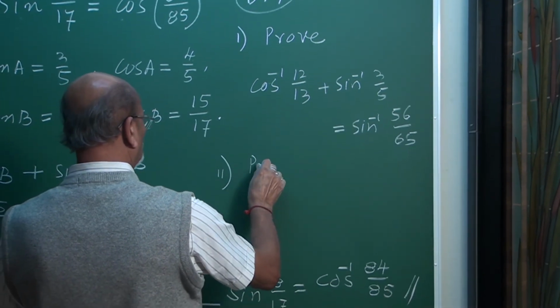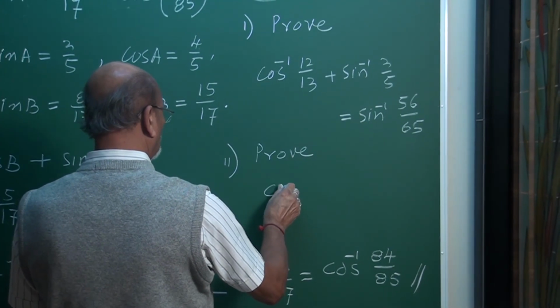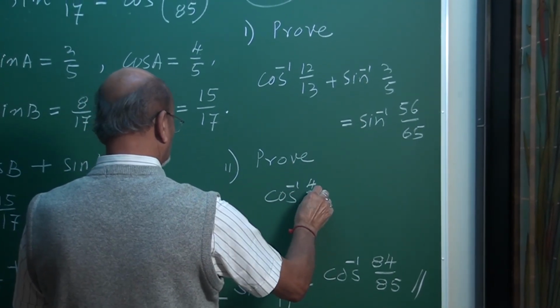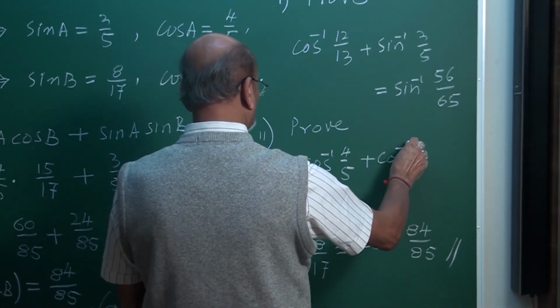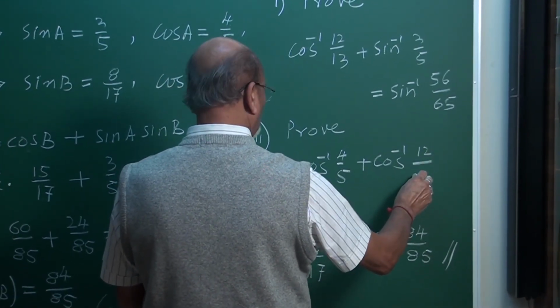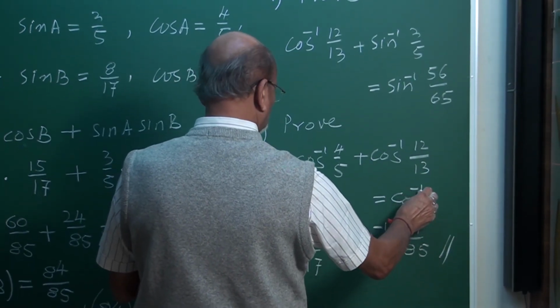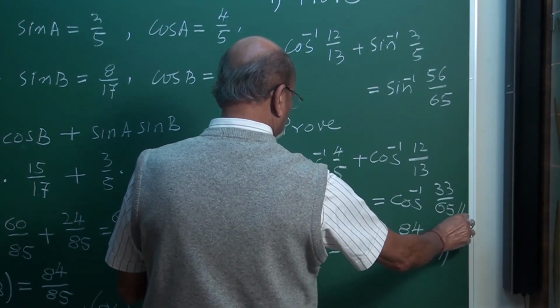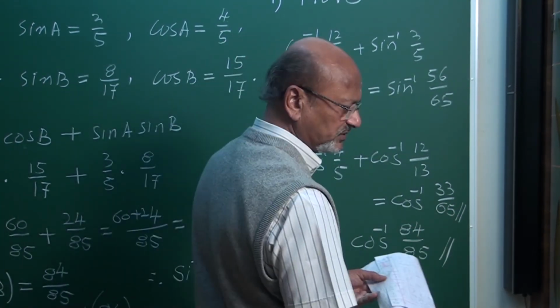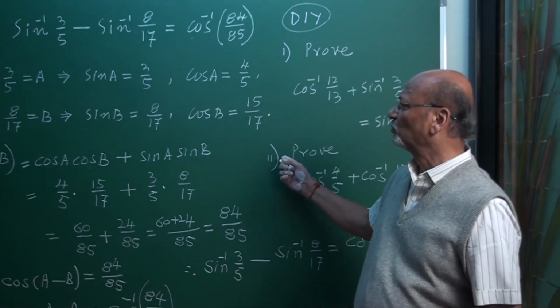Second proof: cos inverse 4 by 5 plus cos inverse 12 by 13 equal to cos inverse 33 upon 65. Same types, my friends. Yes, these two you do at home.